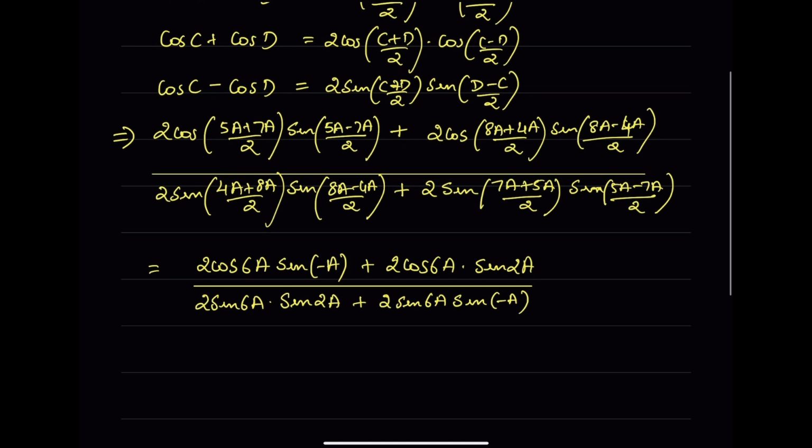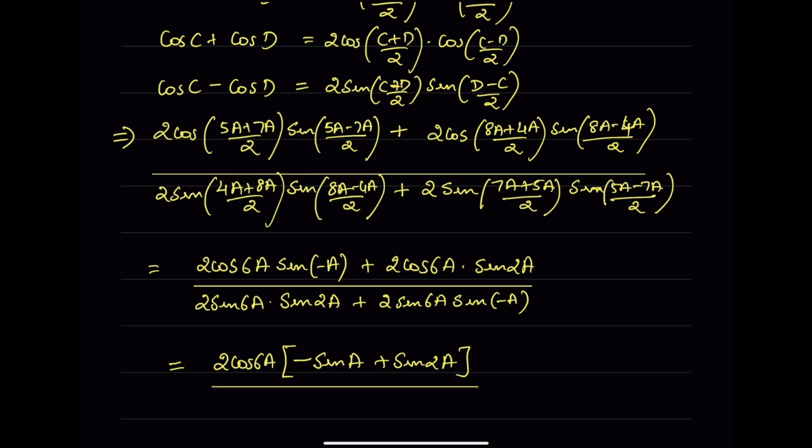Okay, now we have 2 cos 6a common in the numerator, and sine of minus a is minus sine a, plus sine 2a. In the denominator we have 2 sine 6a as common.